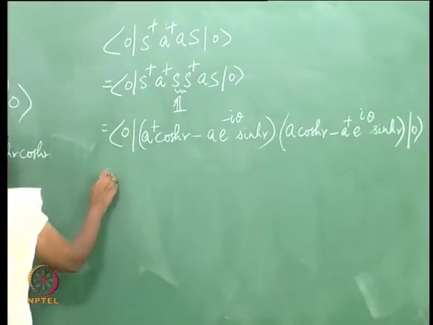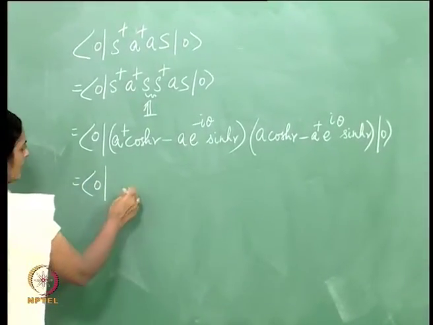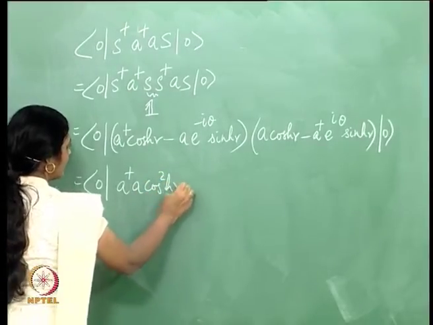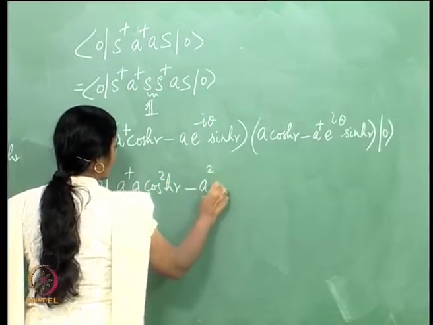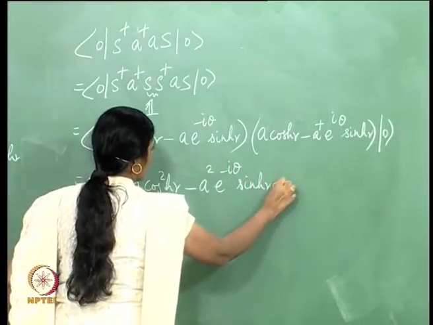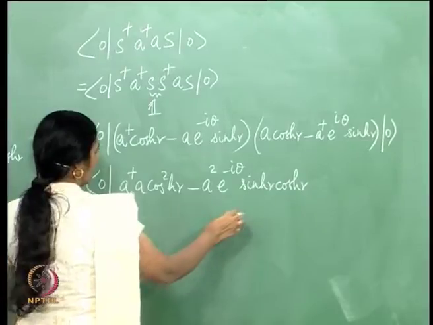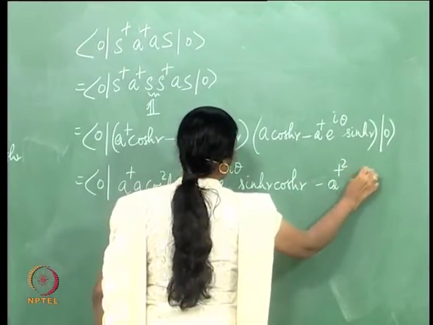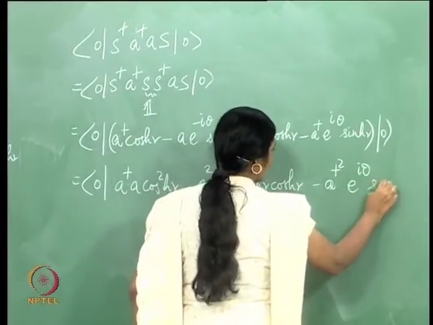Once more I can expand the terms. The first term is A†A cos squared hr. Then I have minus A squared e to the minus iθ sin hr cos hr. Then I have minus A† squared e to the iθ sin hr cos hr.